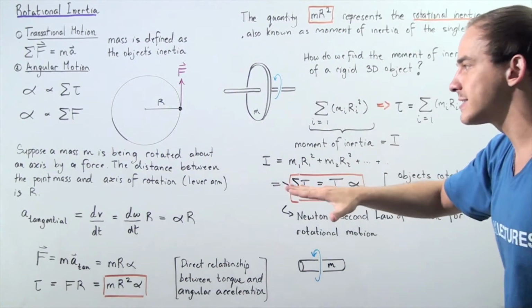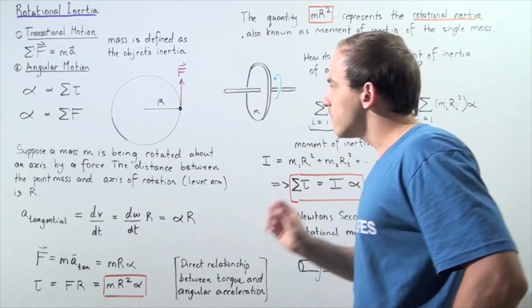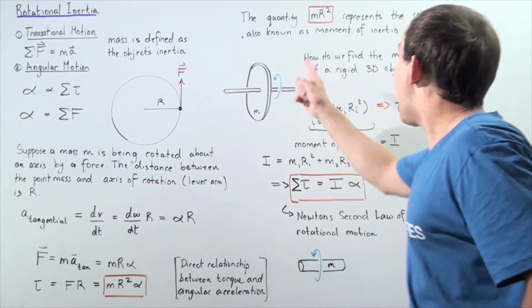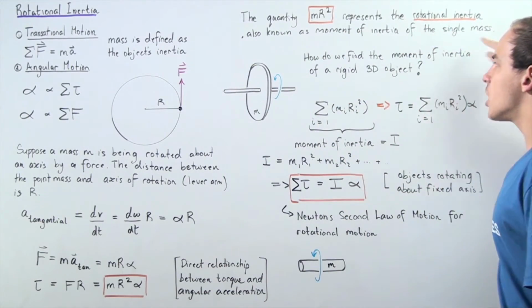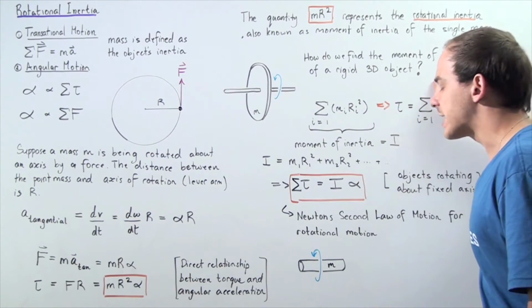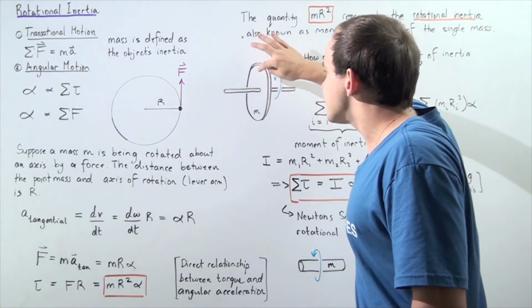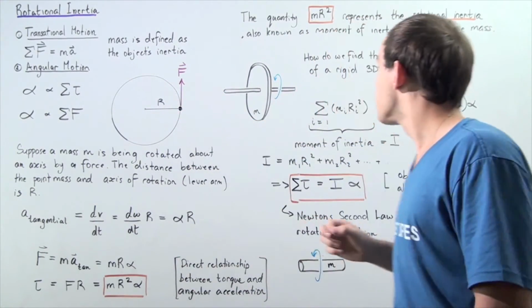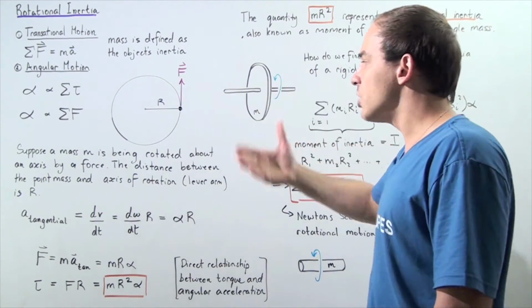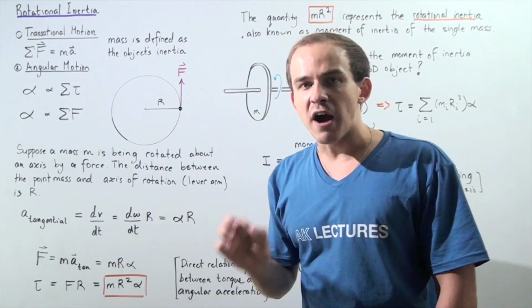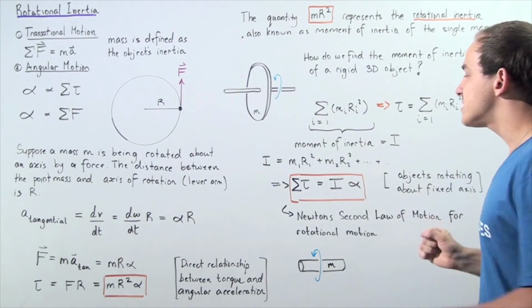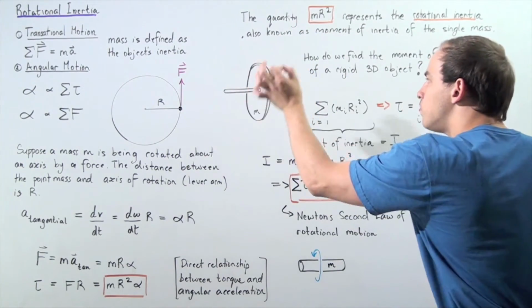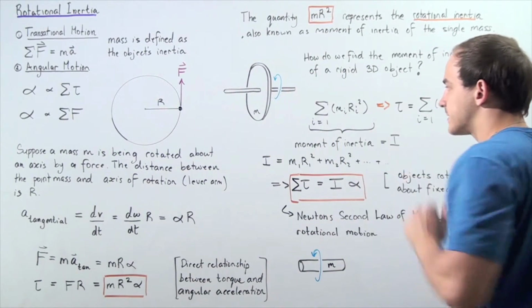Now suppose instead of that single mass, we have a three-dimensional rigid object. How do we find the moment of inertia of a rigid three-dimensional object? Well, we suppose that this object is composed of some number of these point masses. Let's suppose it has some unknown number, and the way that we find the moment of inertia is we simply take the sum of all these quantities of the individual point masses.